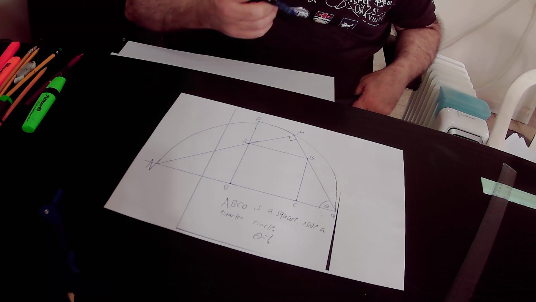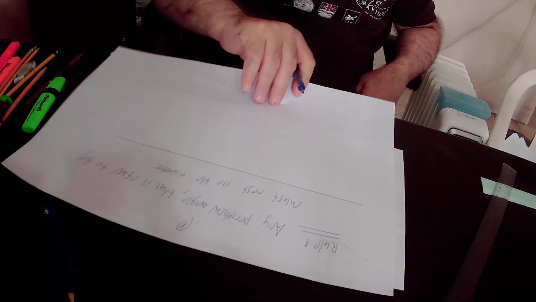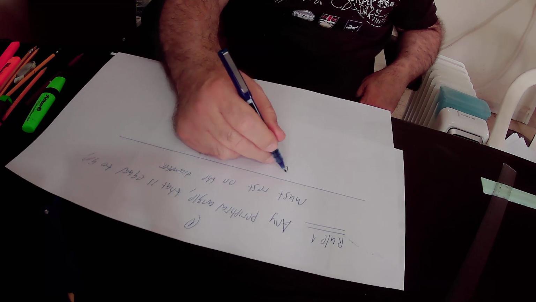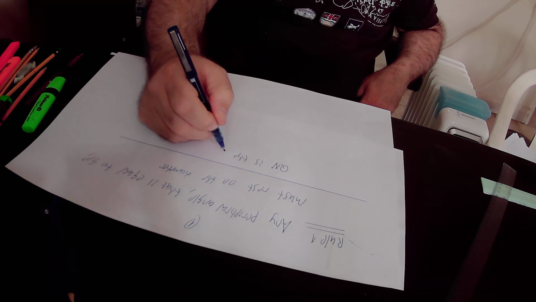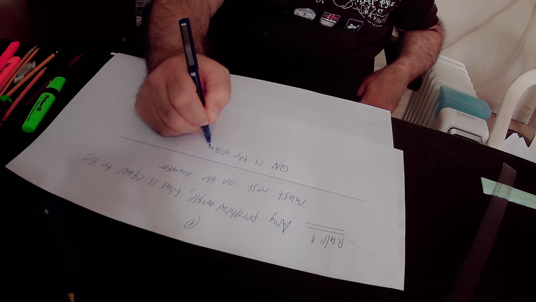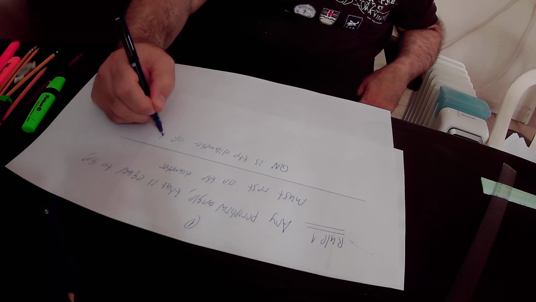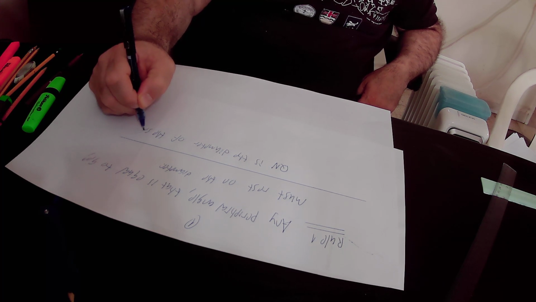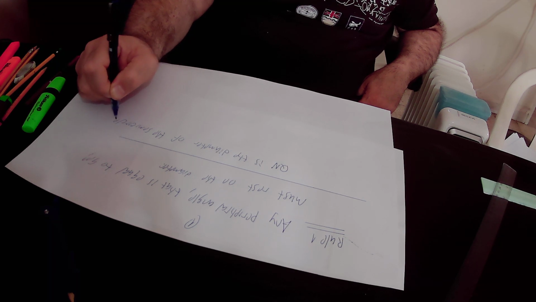Therefore, according to rule number 1, QN is the diameter of the semicircle.